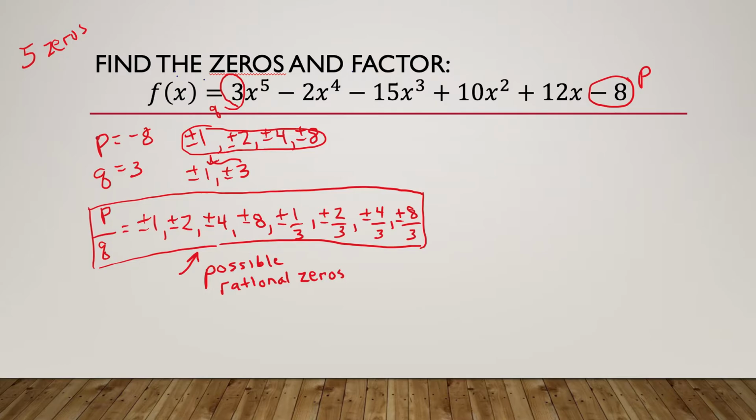So when we find the first 0 and do synthetic division, we're going to be at an x to the 4th. We still can't solve an x to the 4th, so we're going to have to find another one. That takes me to an x to the 3rd. Still can't really solve an x to the 3rd, so I'm going to find a third 0. That takes me to an x squared, which I can work with. So my goal is to do this guess and check and find 3 zeros.